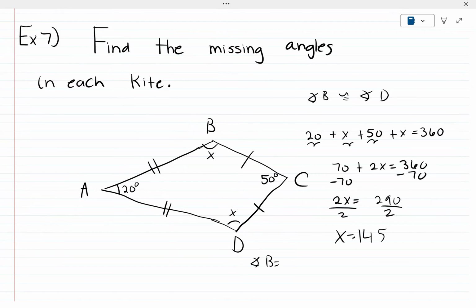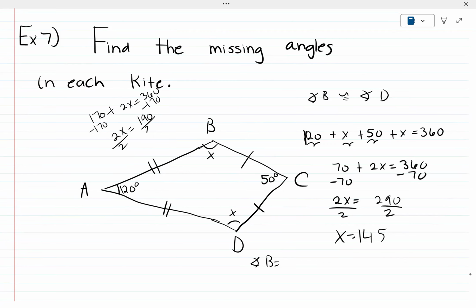I made a mistake. Angle A is not 20, it's actually 120. That's a big difference, so that changes our value. So 120 plus 50 is 170. So I messed up. It's going to be 170 plus 2x equals 360, and then subtract 170. 360 minus 170 is 190.